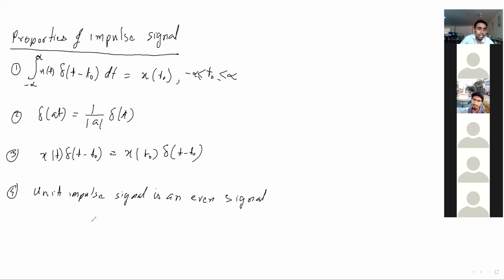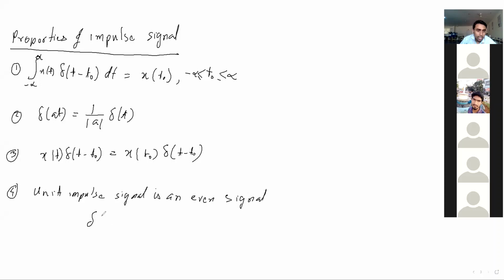Even signal means we will see when I teach about the different classifications of signals. There will be one classification on the basis of even or odd. I will teach what is called an even signal and what is called an odd signal. Right now, just write the property that the unit impulse signal is nothing but an even signal.